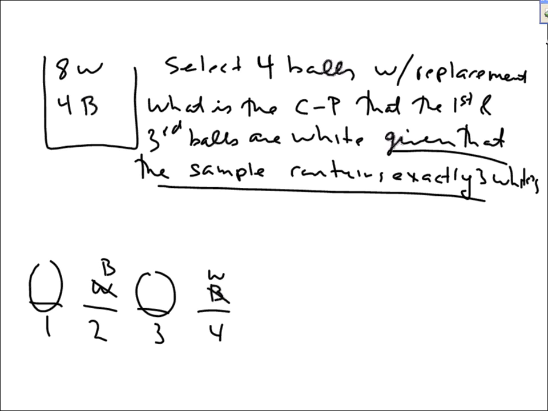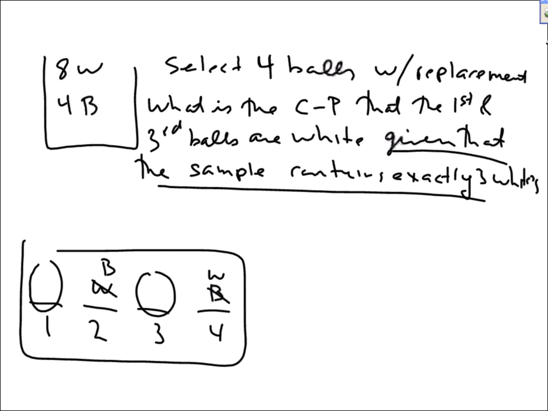We are given that we used 1 black and 1 white ball, and now we want to know the probability that the first and third are white.